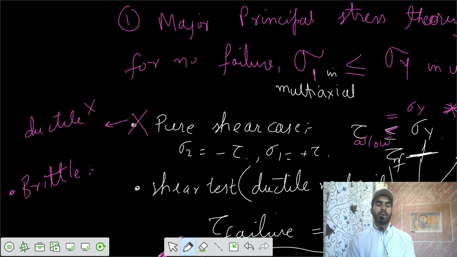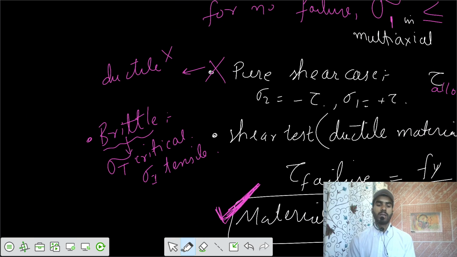We know that brittle material is weak in tension. Your tensile stress is critical, and our sigma 1 is also tensile. So it says that sigma 1 should be less than or equal to Fy.